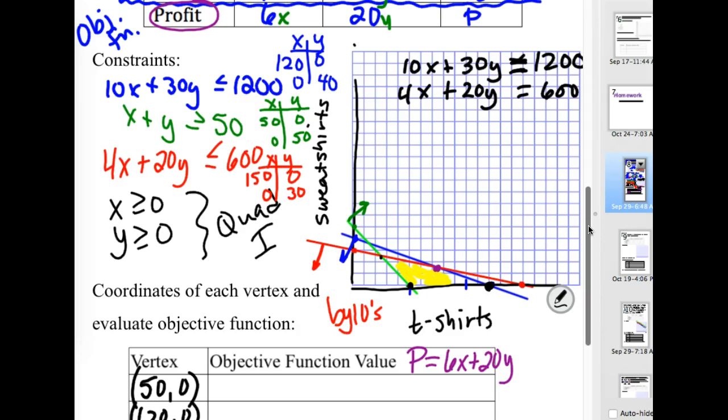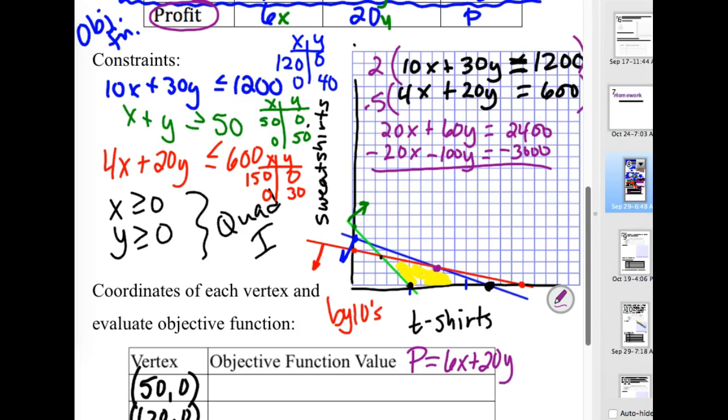All right. So if we times the top, let's say we're getting rid of the x's. Could we get these to be 20s? Okay, so let's times the top by 2 and the bottom by -5. Okay, so we get 20x plus 60y equaling 2400. We get -20x minus 100y equaling negative 3,000.